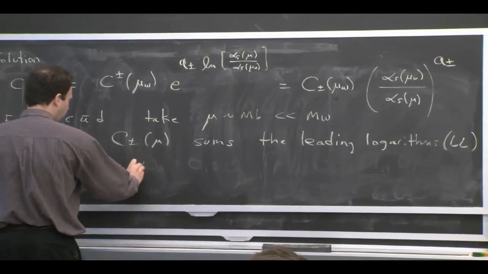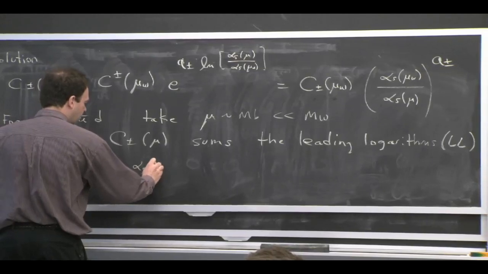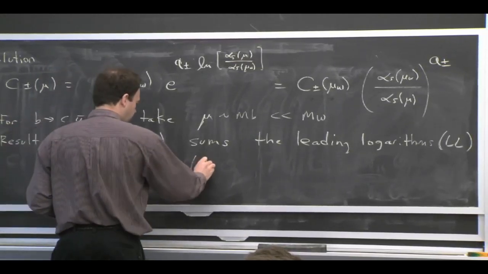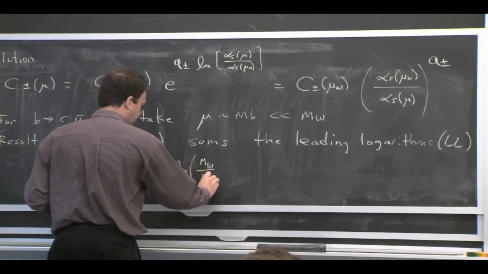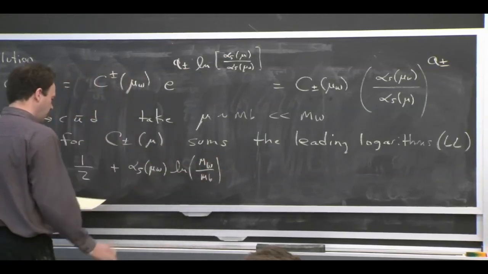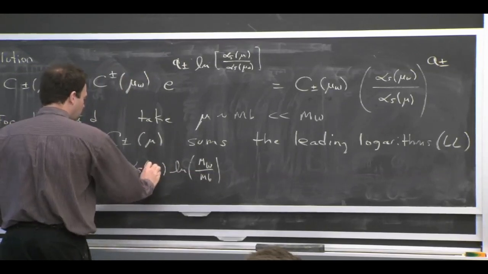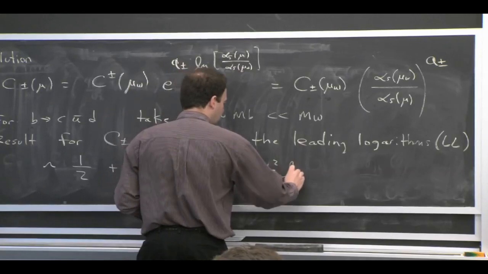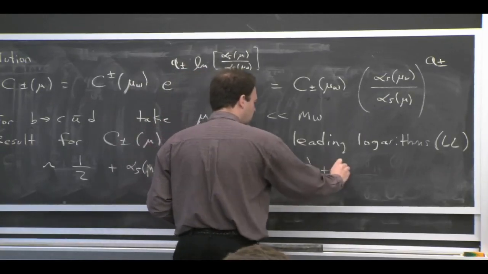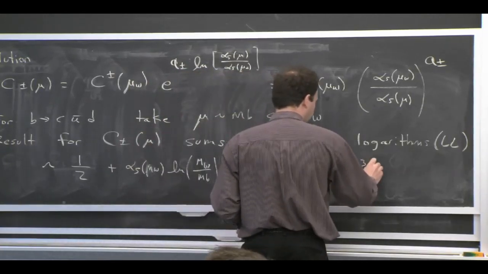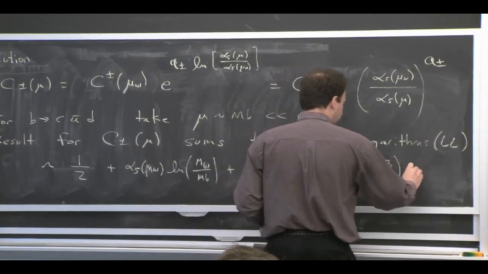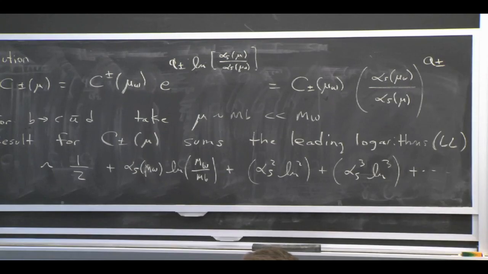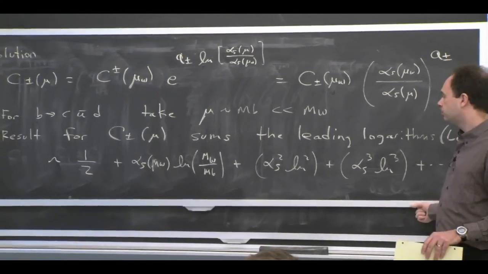And if we were to expand higher order terms and think about what logarithms we're talking about, logarithms of MW over MB. And the series, if we were to expand it, would look like this schematically, without worrying about the coefficients. An infinite series where each term has one alpha and one log.